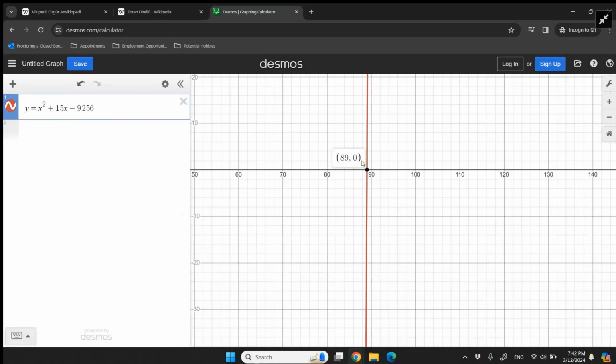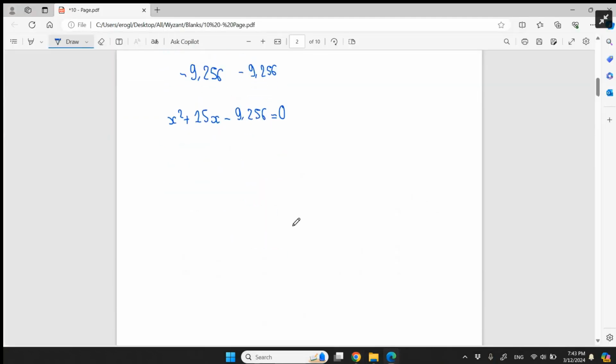So 89 would be our x, right? And to do this algebraically, you can use the quadratic equation. If you use the quadratic equation, you will get two solutions, a positive solution and a negative solution. And since we were talking about dimensions, of course, we only keep the positive solution.